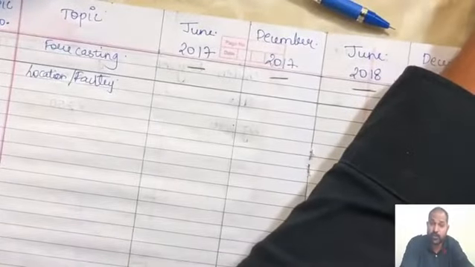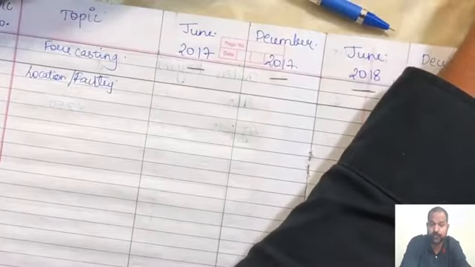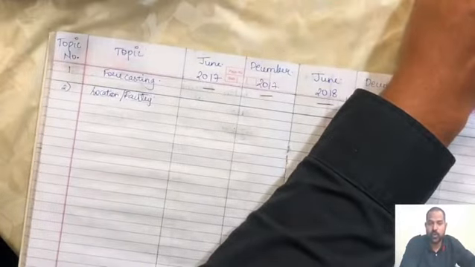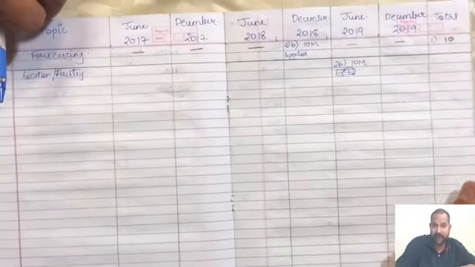And till date, technically, before you all write the paper, there should have been a June 20 exam that should have been done. Unfortunately, it is not done. So there is no paper to analyze there.